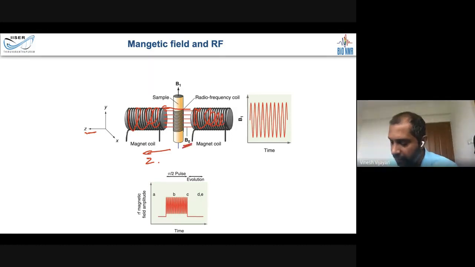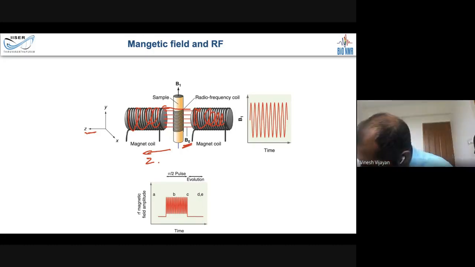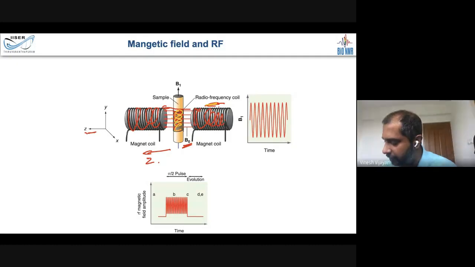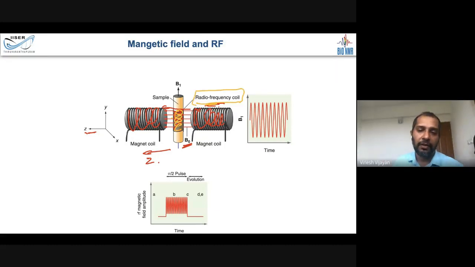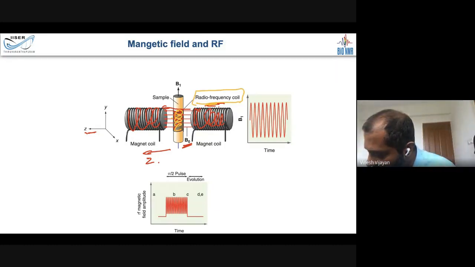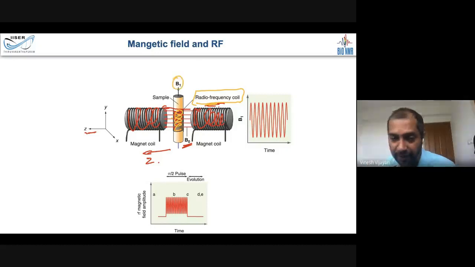Now you have another coil that is perpendicular to this B0 field. This coil is called the RF coil, radio frequency coil, and the magnetic field generated by that is the B1 field.